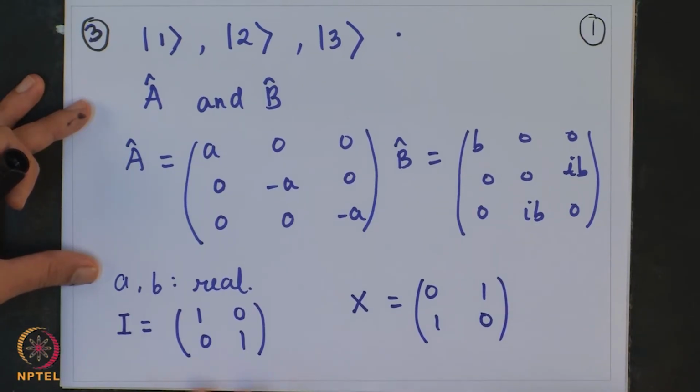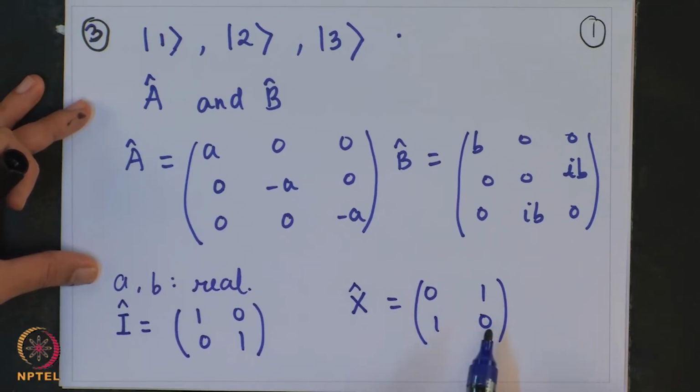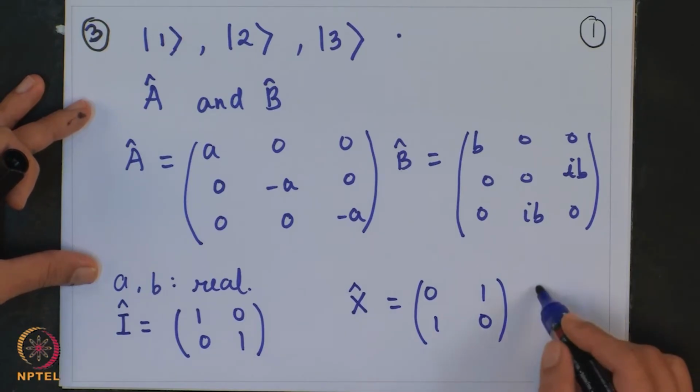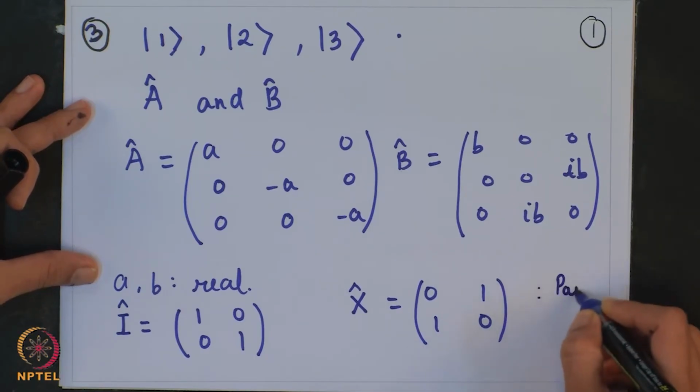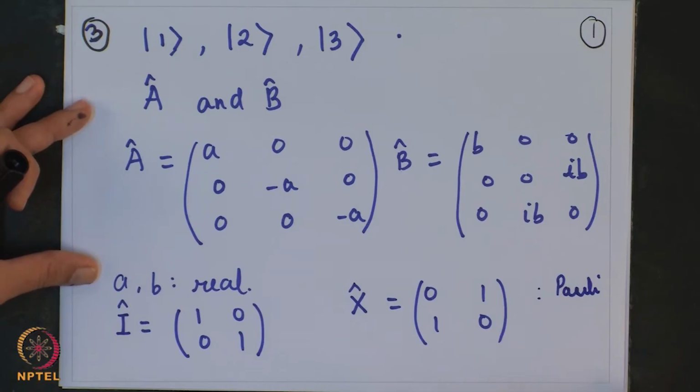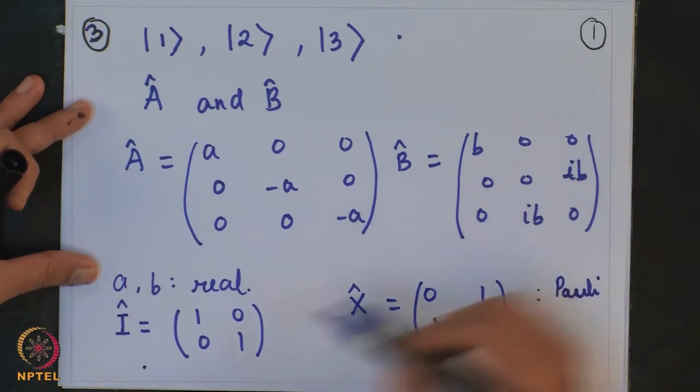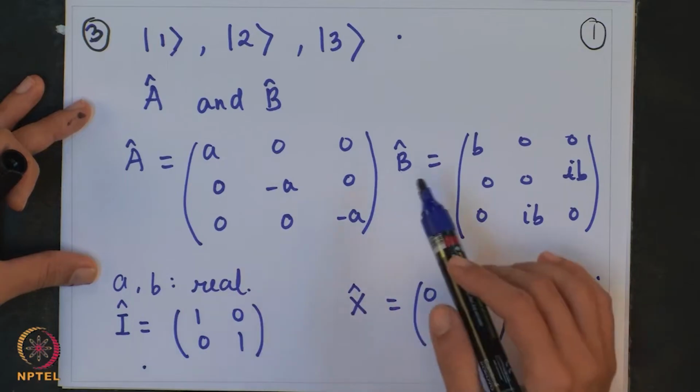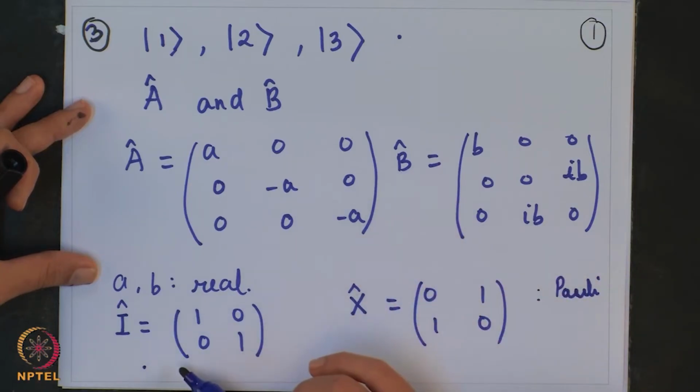I have swapped these, swap this operator and I get an operator X. This looks familiar, you have seen such operators, it is one of the Pauli matrices. And now I will try to write operator B in terms of the identity and X operators.